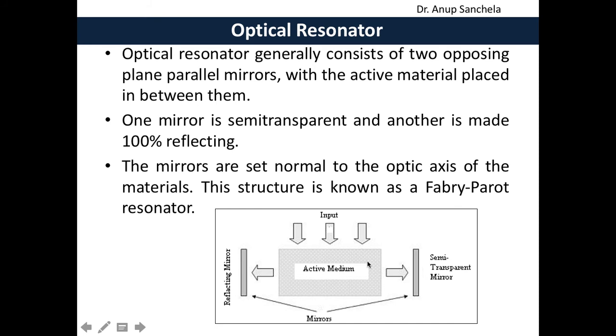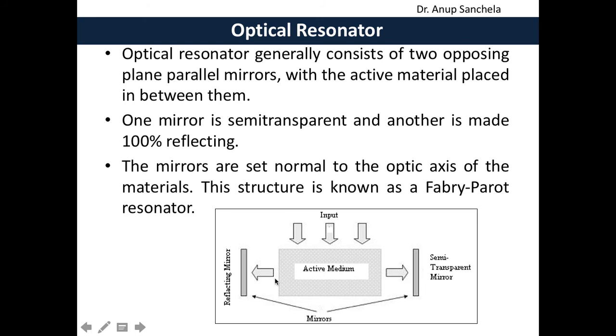Now to obtain an output beam, one of the mirrors is made partially reflecting. Thus imagine a wave that starts from one of the mirrors and travels toward the other. In passing through the active medium, it gets amplified.